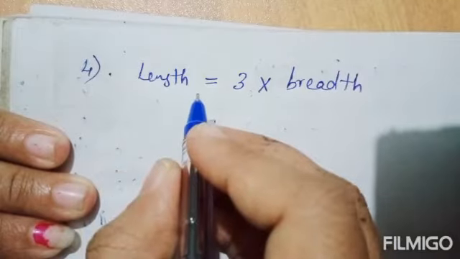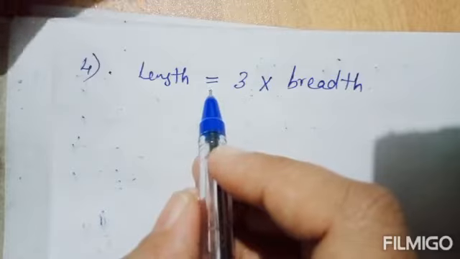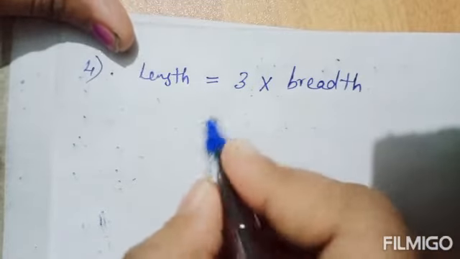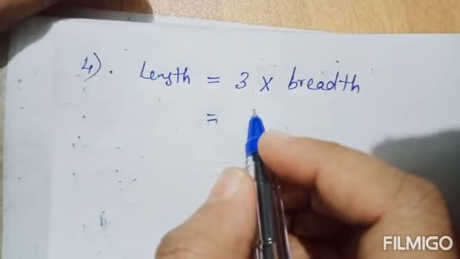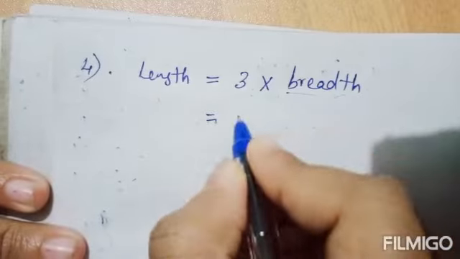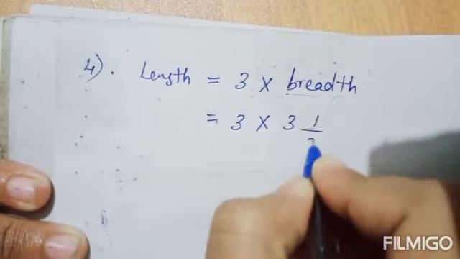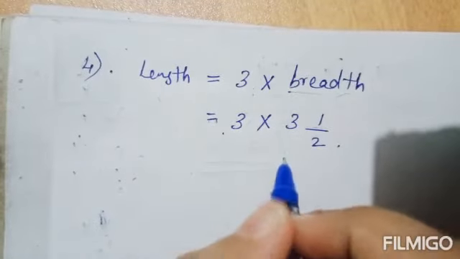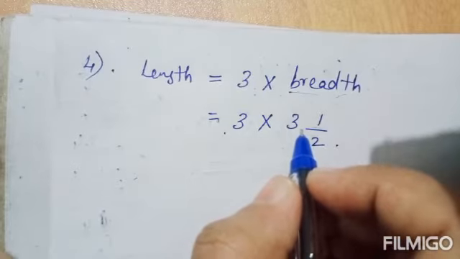Okay, now if the breadth of the rectangle is 3 1/2 meter, so that you can substitute here 3 into 3 1/2. This will be the length. Okay, solving this you will get the length of the rectangular field.